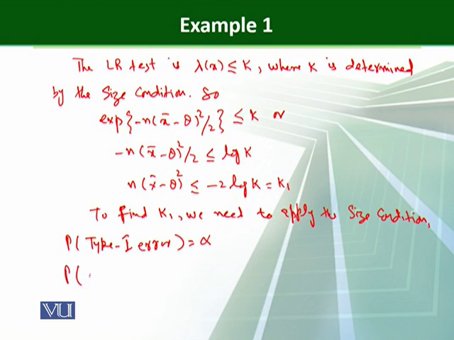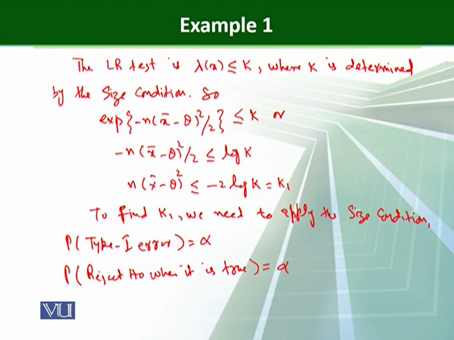It is the probability of rejecting H0 when it is true, and that is equal to alpha.